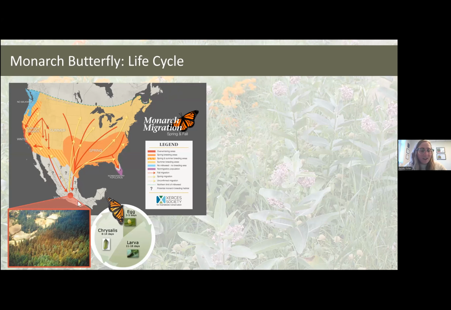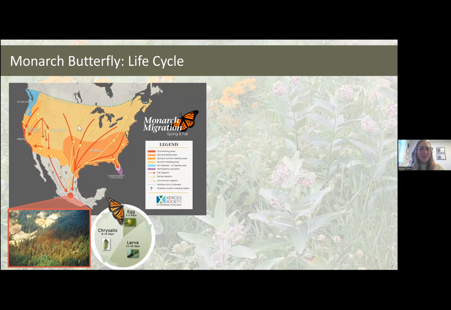Okay, so you can see in the bottom left of my slide here that the monarchs overwinter in Mexico all huddled together, and then they undergo a multi-generational migration northward. So over the generations, the monarch butterflies travel north. We start to see monarch butterfly adults in Iowa in about June, sometimes as early as May.